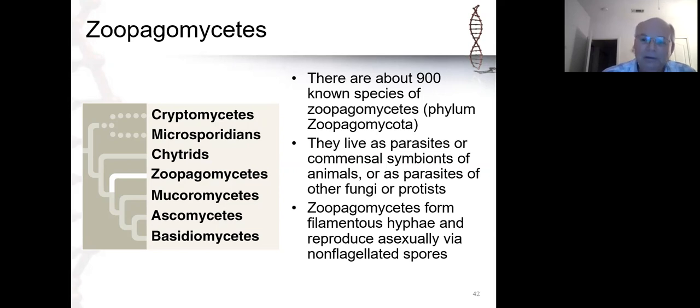They can be commensal, meaning they infect animals, but they cause no damage to the animal. They cause no ill effect to the animals, but they get a benefit from being associated with the animals, or they can be true parasites. They do produce filamentous fungi, they do reproduce asexually, and they don't have a flagellated spore. So they're meeting all the guidelines of a typical fungus.